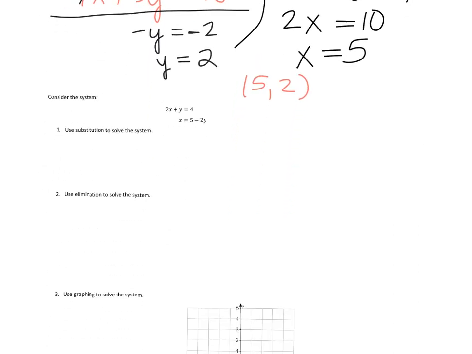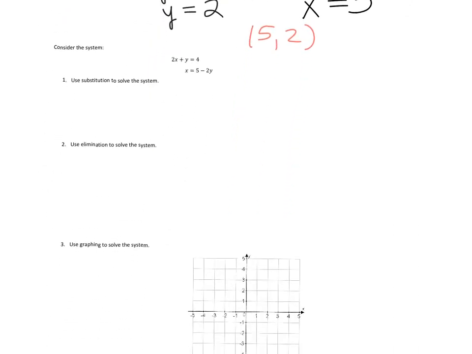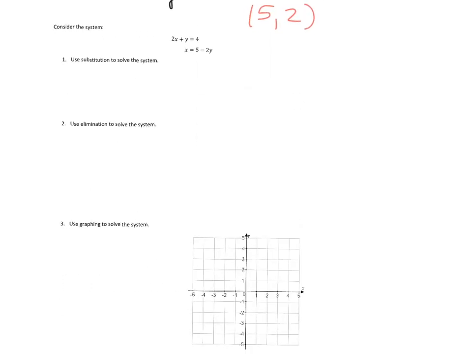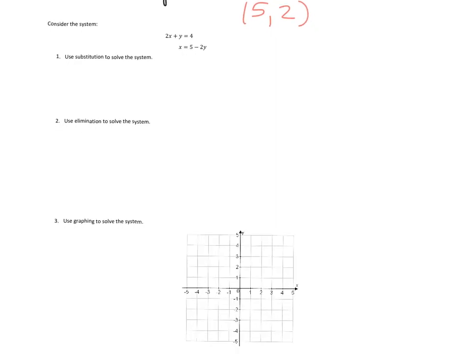If we're looking at a system and a variable is already solved for, like right here, substitution would be the best way. So take a moment. We are going to finish up this problem. You're going to do it on your own and then reflect on what you think of the various methods to solve our system.